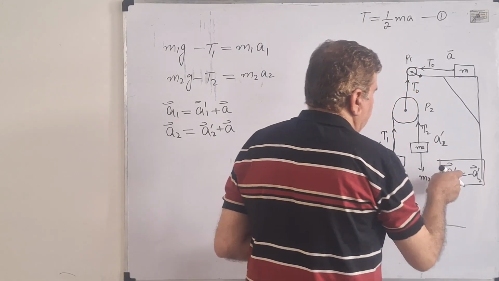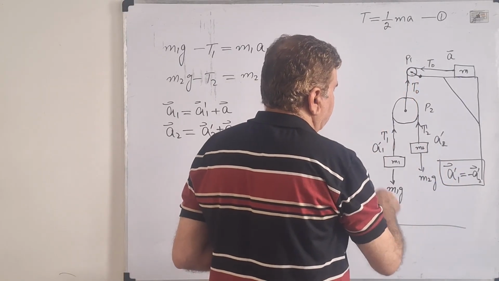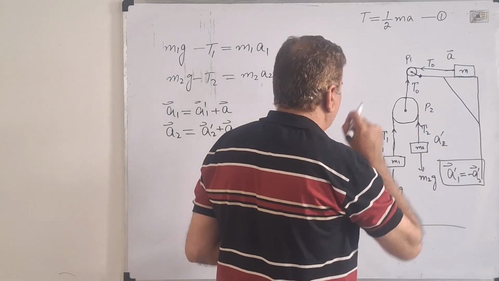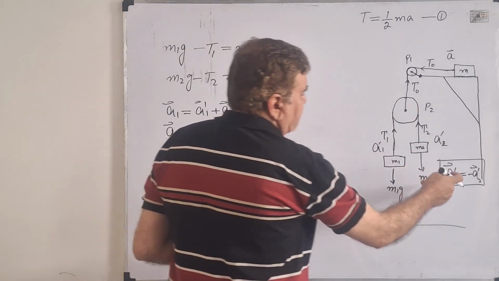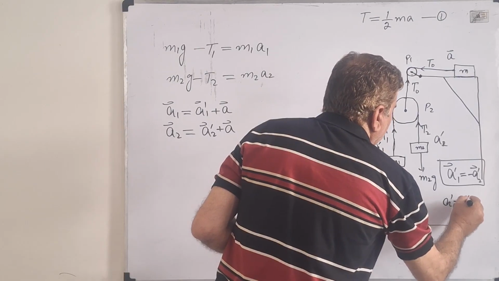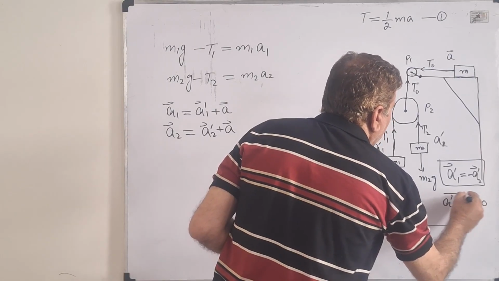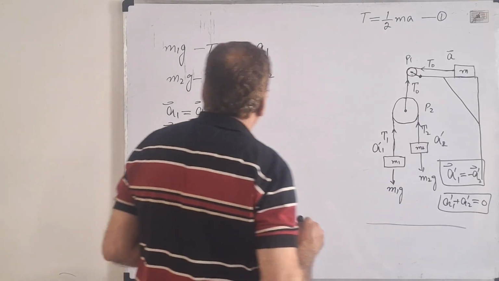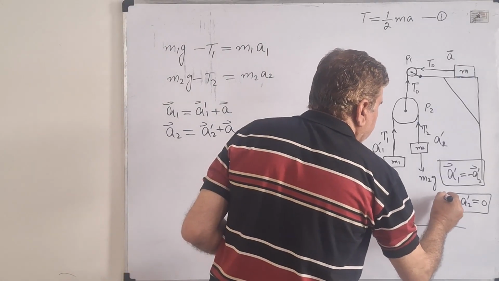This is the condition, because if I consider M1 is moving in the downward direction, this would be positive, that one would be negative. Or from this I can write that A1 prime plus A2 prime is equal to 0. This is vector sum.